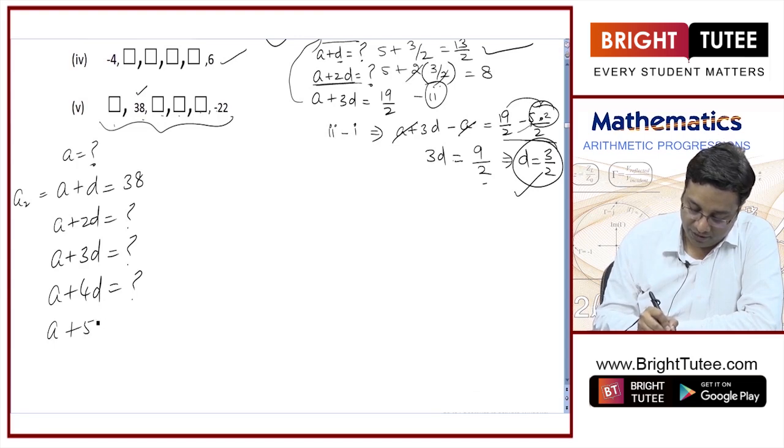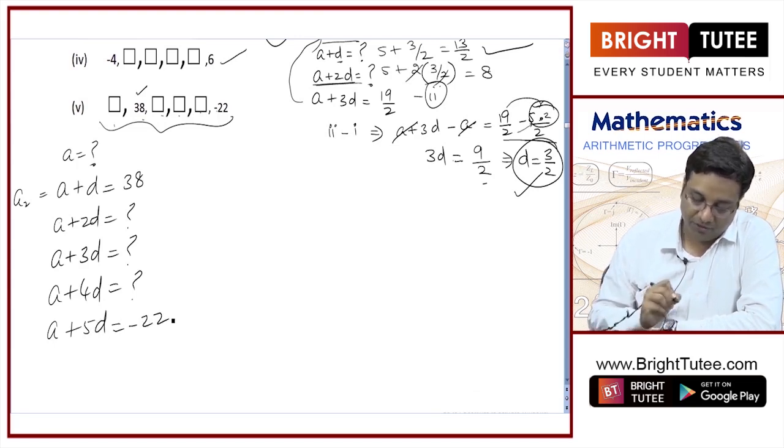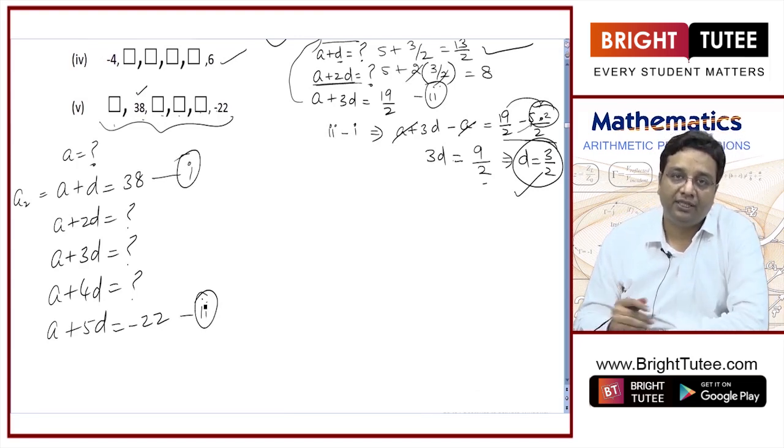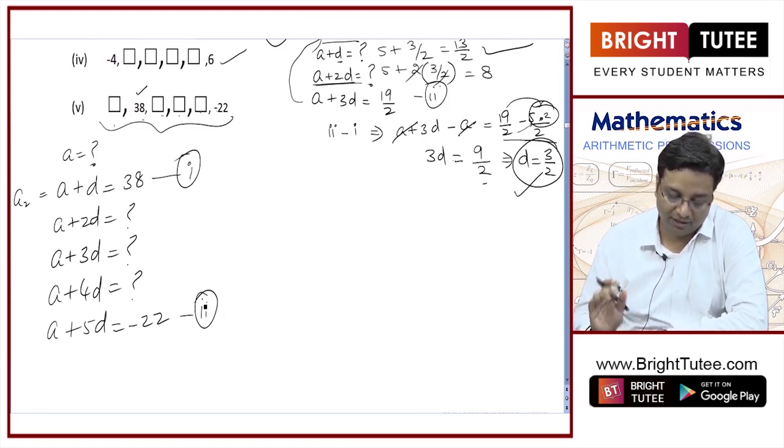The sixth term is given, A plus 5D is equal to minus 22. So we have got two equations and two unknowns, right? So we can easily solve these equations and find these unknowns.